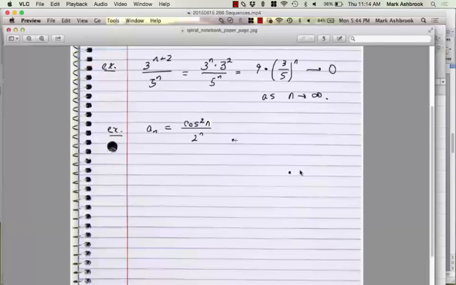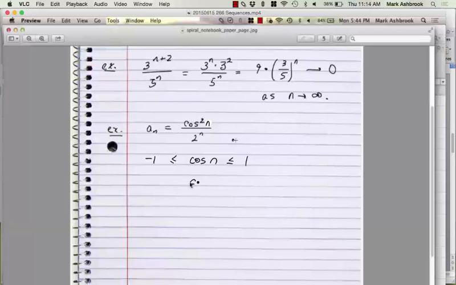What do we know about cosine? Watch this. What do we know about cosine? It never gets bigger than what? Amplitude is 1, right? It never gets bigger than what value? Please know this. 1. And it always stays greater than or equal to negative 1.